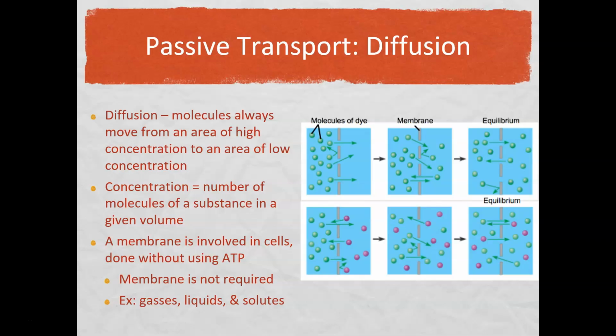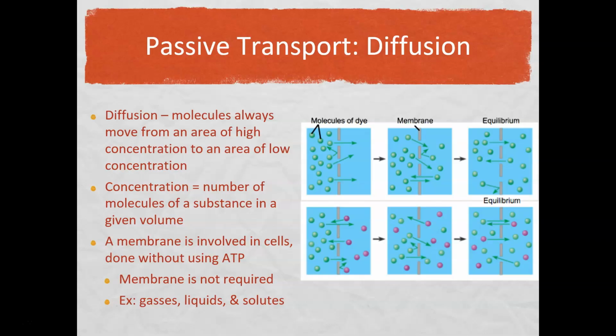Another one you might want to think about is something like food coloring. You're dyeing Easter eggs. The actual dropper of food coloring itself is pretty highly concentrated dye. You stick it into that cup of water, and those dye molecules are going to diffuse through the water until it's all spread out and looks like a uniform color. That is diffusion. You've also experienced it in the locker rooms.